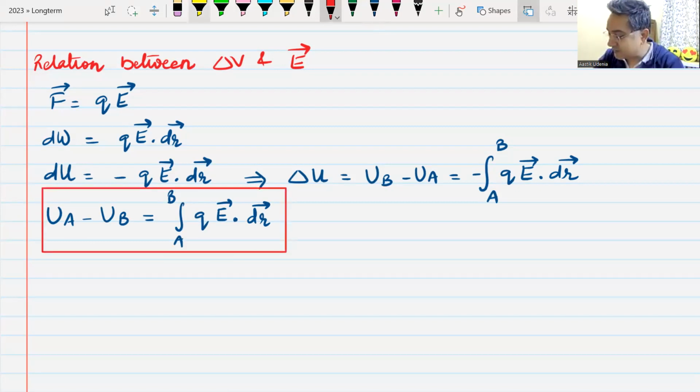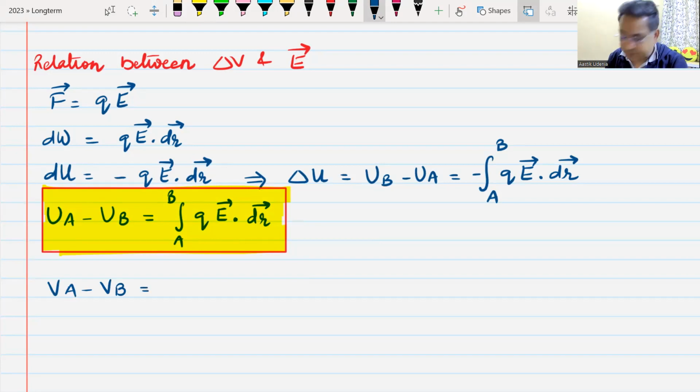Or has this gone above our head? This is the relation between UA minus UB. Once you know the relation between UA minus UB, you can find out the potential difference VA minus VB. From the equation that we have just written, the value of VA minus VB will be the integral from a to b of E dot dr. Yes or no?